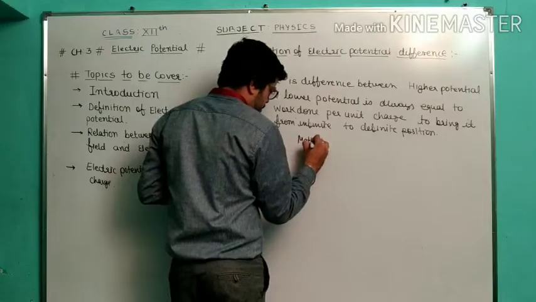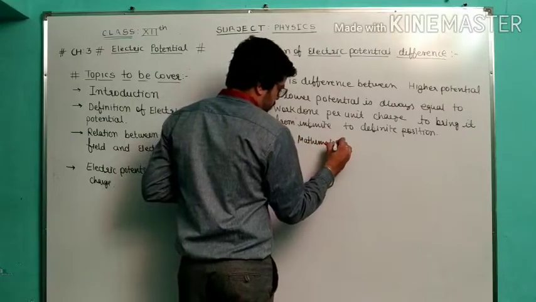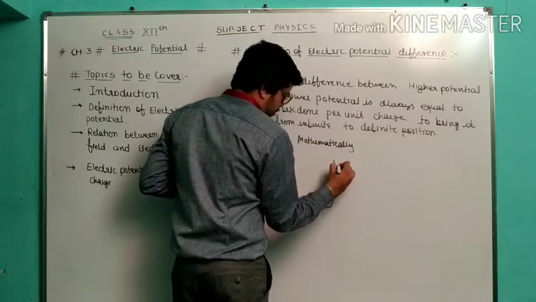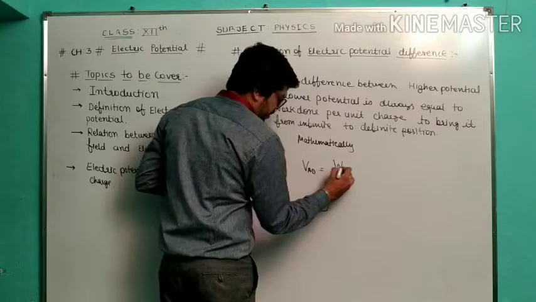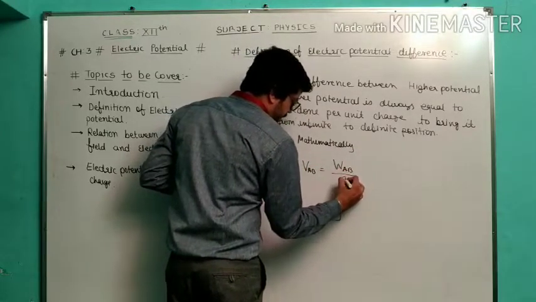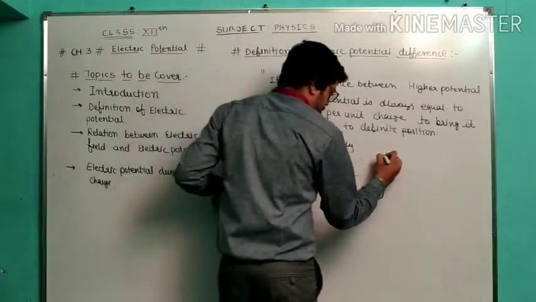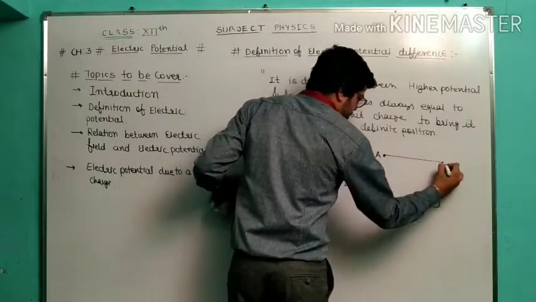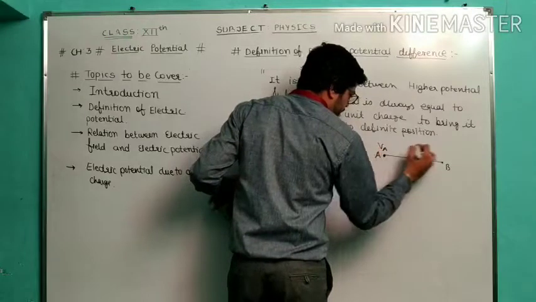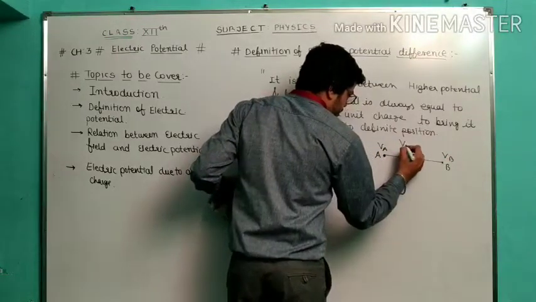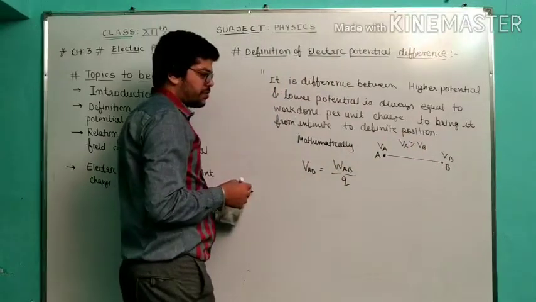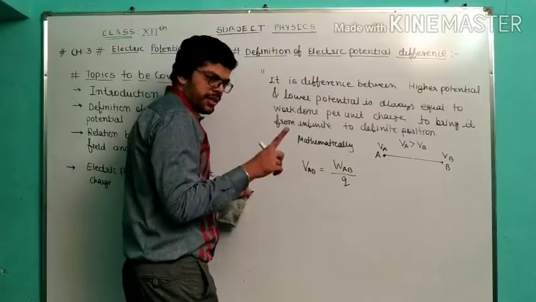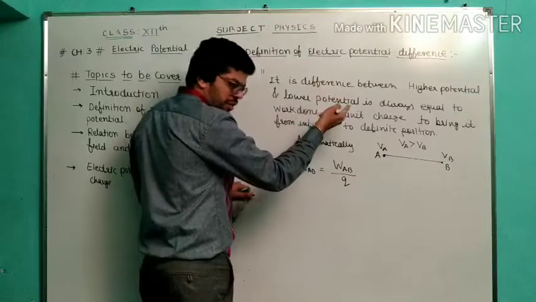Mathematically, VAB is equal to WAB divided by Q. Suppose this is point A, this is point B. Here the voltage VA, here the voltage VB. Suppose VA is greater than VB. The voltage at point A is more than the voltage at point B. So what actually happens? Higher minus lower.